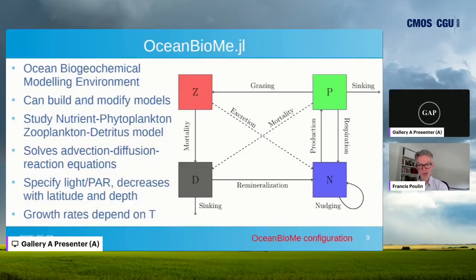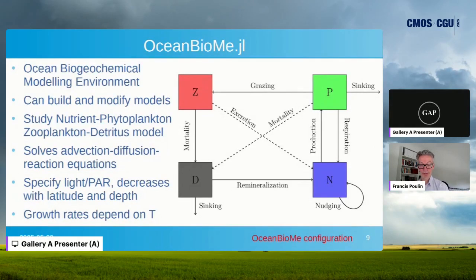So it includes nutrients, phytoplankton, zooplankton, and detritus. We essentially include the interactions between these 4 different compartments, which specifies the reaction, but the physics specifies how things are advected along, and the turbulent diffusion specifies how things are going to diffuse in space.